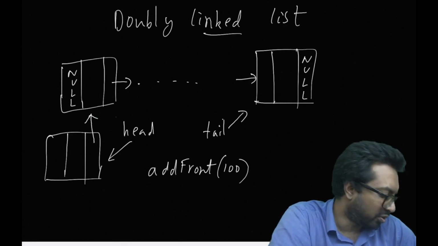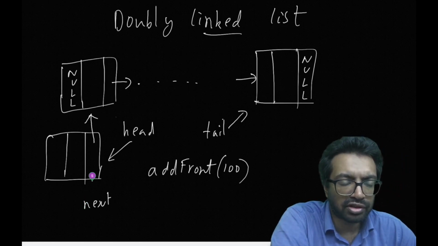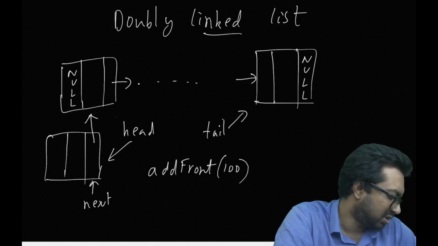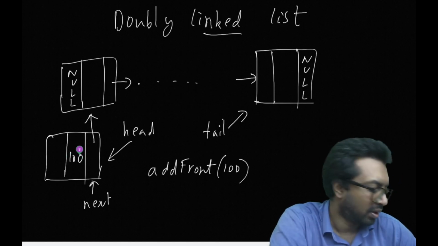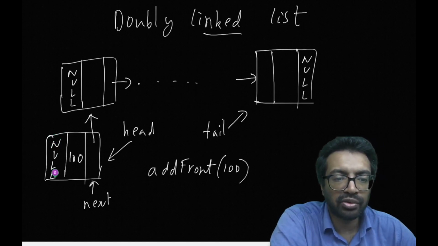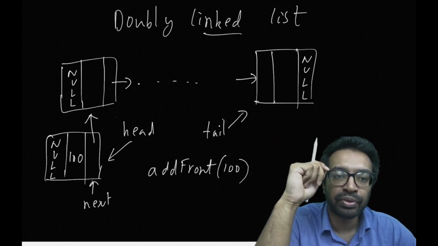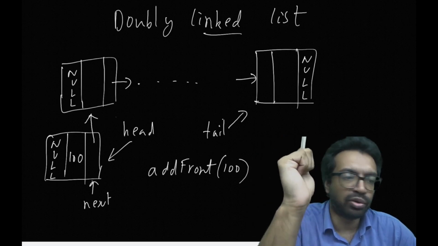So the next pointer of the node we created now is going to point to the head of the previous list, and I add 100 as the element. I make the prev of this newly created head node null, and I also have to replace the prev of the old head node.